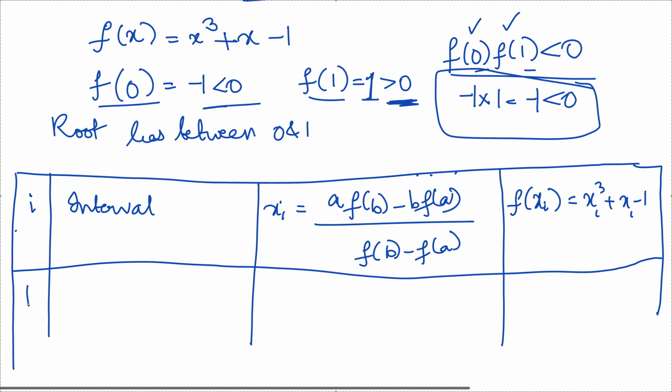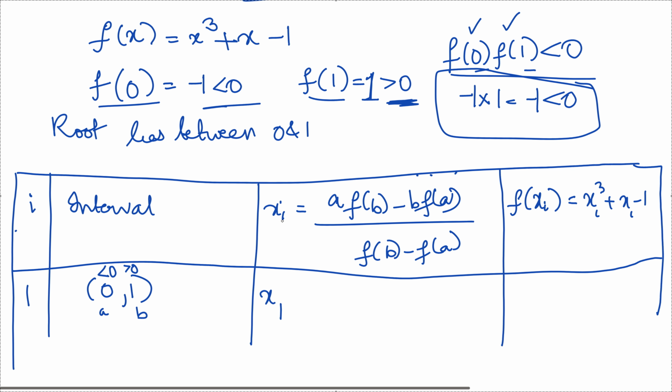Now in the first iteration, our interval is 0 and 1, right? The root lies between 0 and 1. So this is a, this is b. 0 was giving us less than 0, 1 was giving us greater than 0. Now let's find x1.